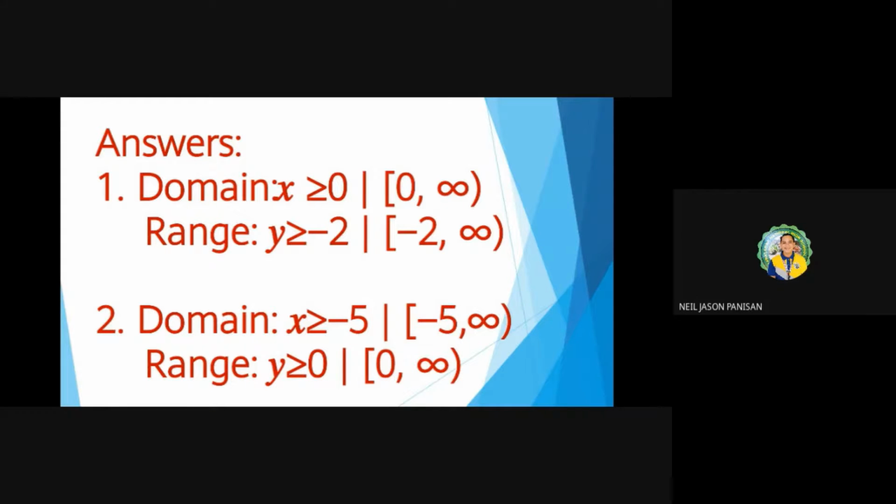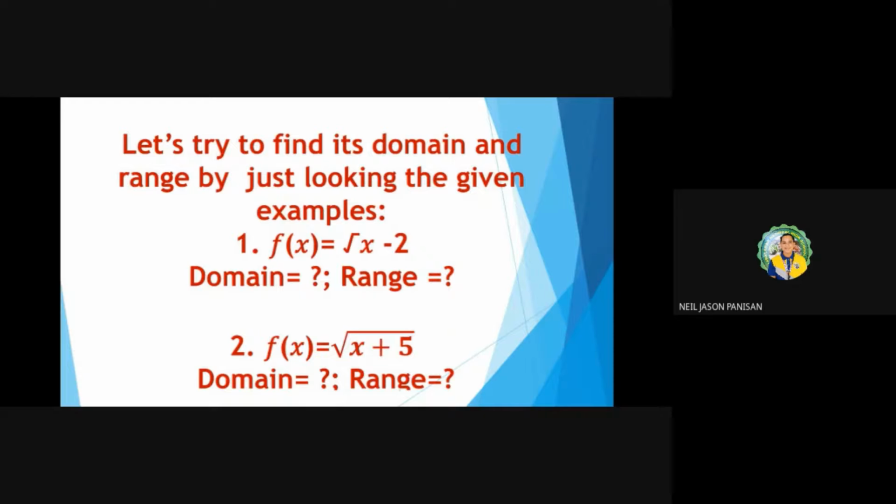So notice that the domain of the function is always increasing going to the right. Then if our domain is 0, to get the y or the range, we simply plug 0 in the equation f of x is equal to the square root of x minus 2.